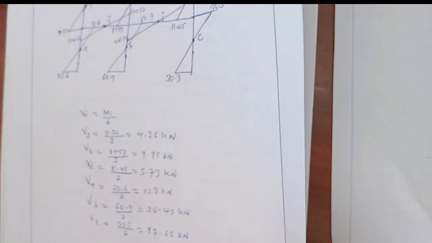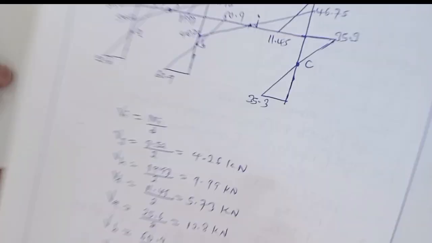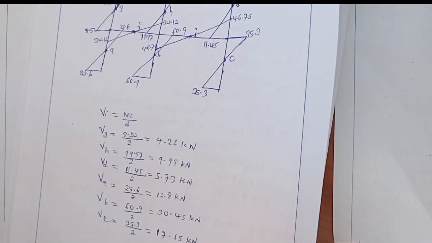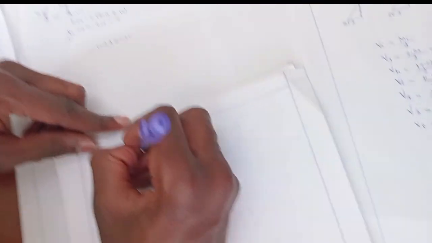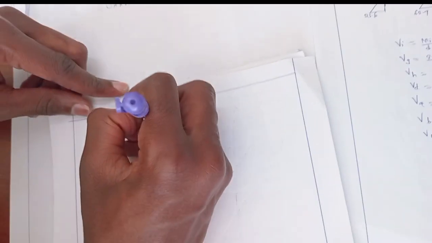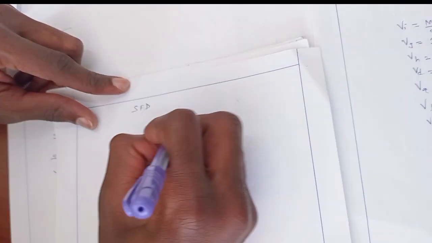The shear force of horizontal members we have obtained, which is this one. Now let's draw the shear force diagram of this frame system. The frame system was in this way.